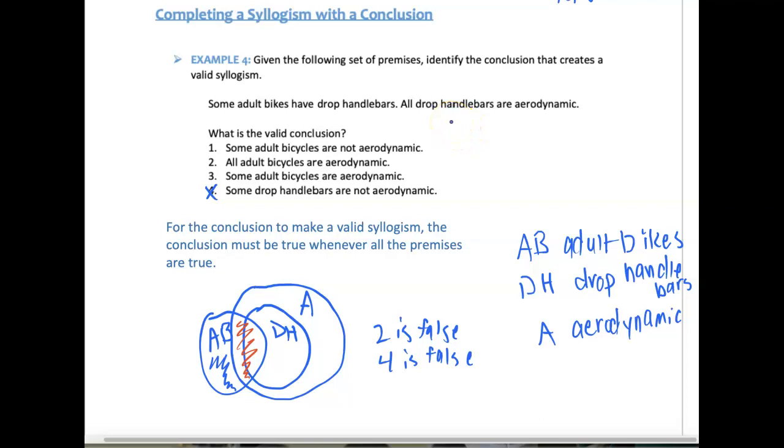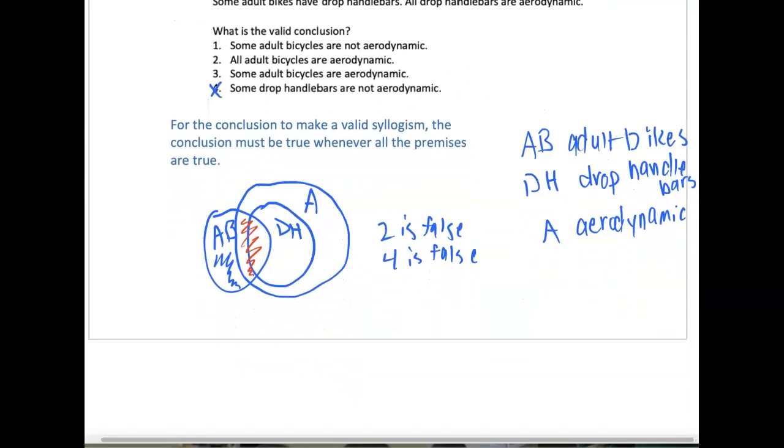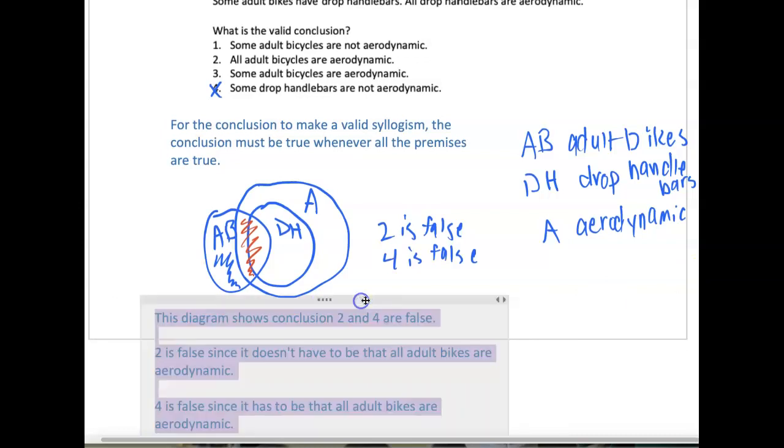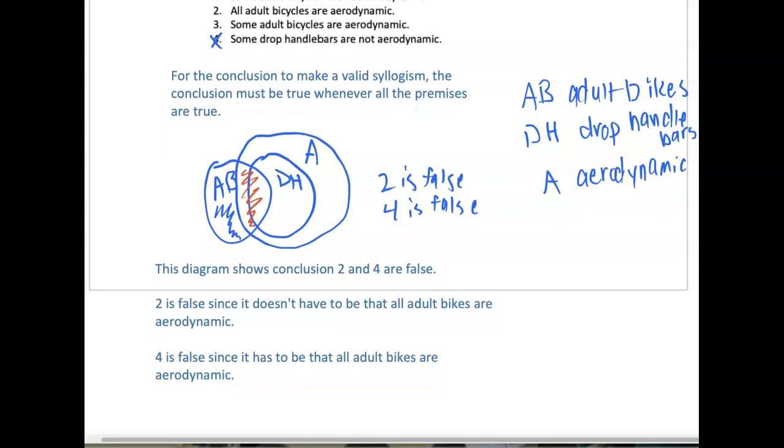Okay, so I have this written down for you, that thus far we can say conclusion 2 and 4 are false. This diagram shows conclusion 2 is false. It doesn't have to be that all adult bikes are aerodynamic, right? The ones that are shaded blue here are not aerodynamic. Conclusion 4 is false, since it has to be that all drop handlebars are aerodynamic.